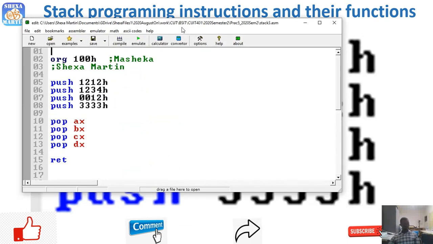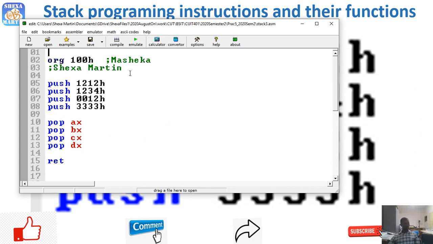Right, so here is the code. We are pushing this value onto the stack, and then this value as well onto the stack. The moment we push this onto the stack, SP subtracts 2. We push this, SP subtracts 2 as well.